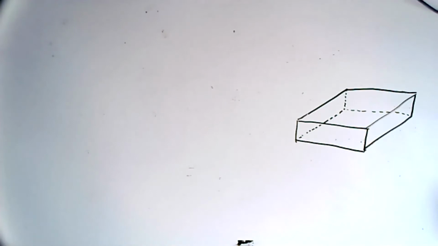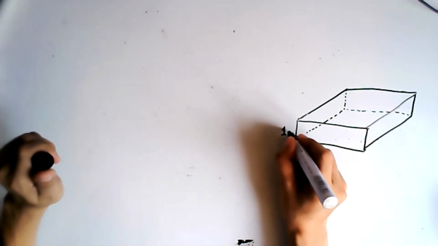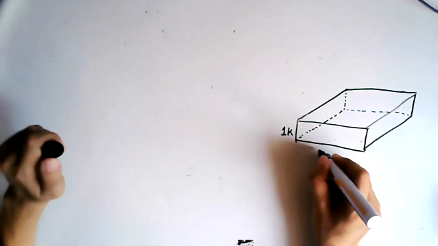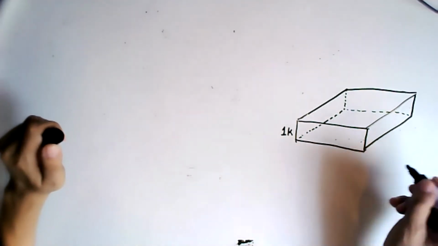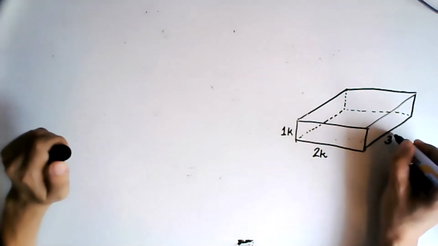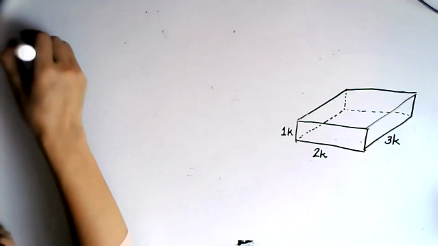Okay, probably. Let's say this is we have a unit, 1K. And the other one is 2K. The other one is 3K. Okay. So that is the parallelogram. We have the volume of a regular parallelogram is given.